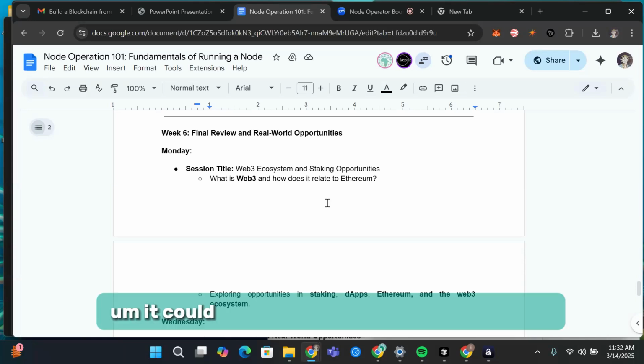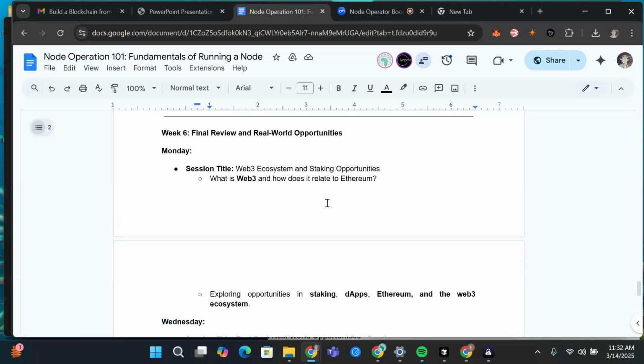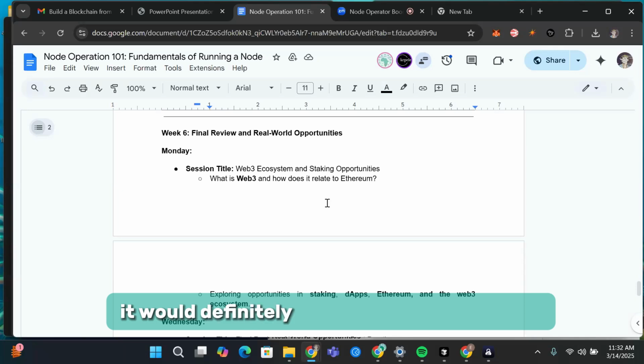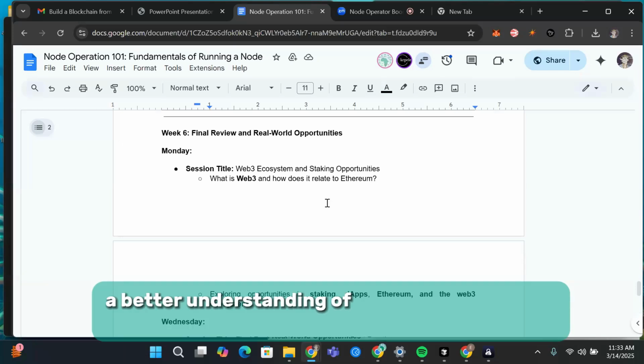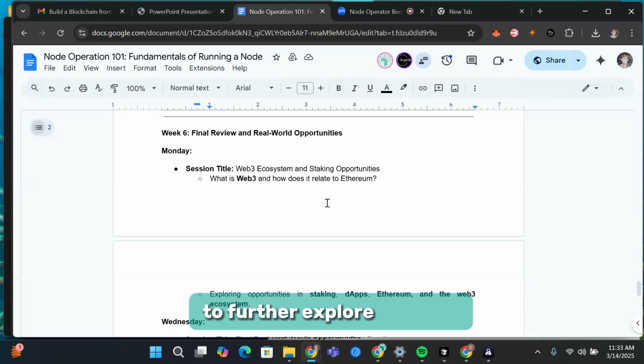It could also be a career path for you. It will definitely run you through all of this, so you have a better understanding of how you can prepare yourself to further explore or go deep into any of those sectors or areas.